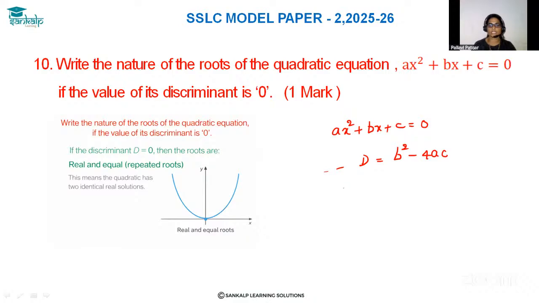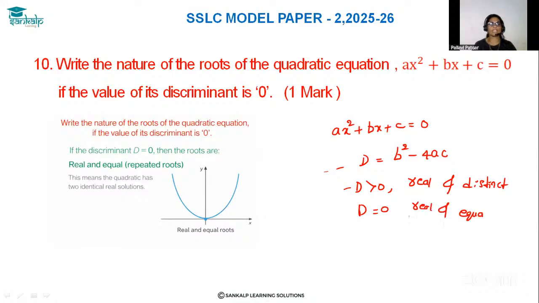If D is greater than 0, then the roots are real and distinct. If D is equal to 0, the roots are real and equal. If D is less than 0, the roots are not real, meaning imaginary, complex conjugates.